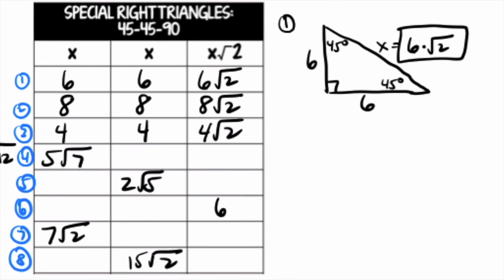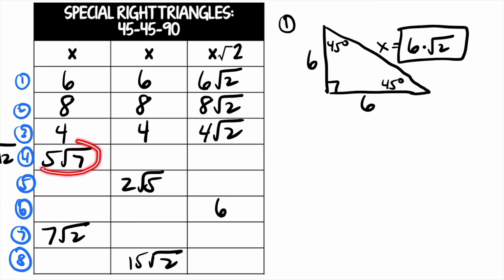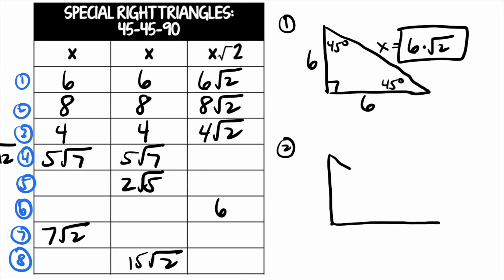Okay. So now look at number 4. This is a leg. So what's the other leg going to be? There you go, right? So let's draw this out. Okay, so both legs are 5 square root of 7.